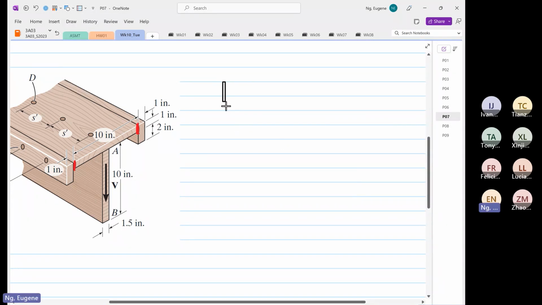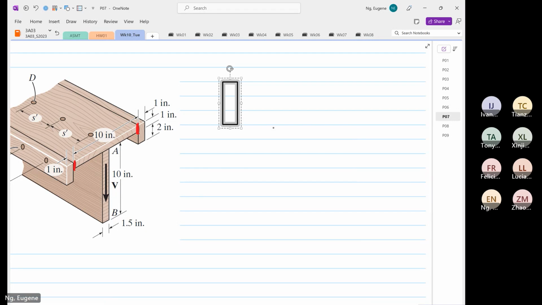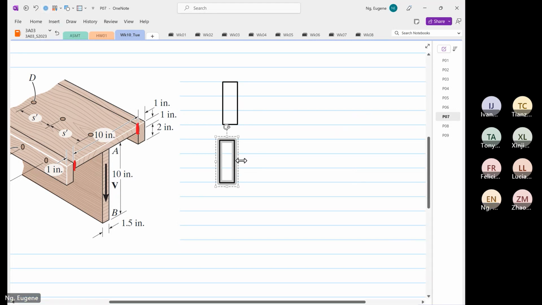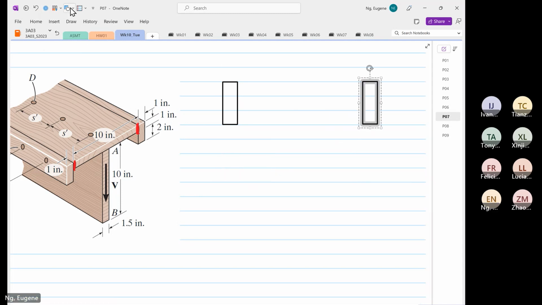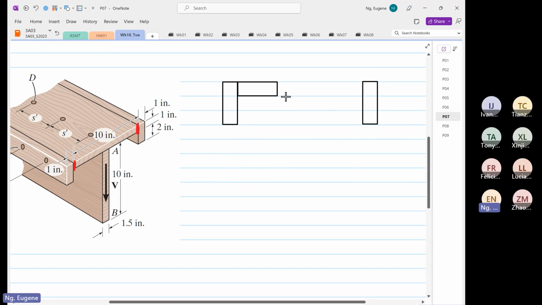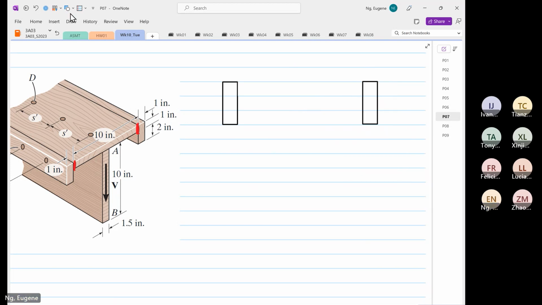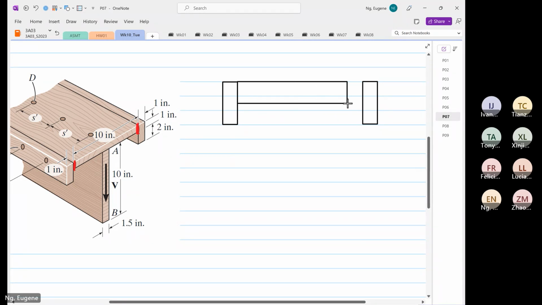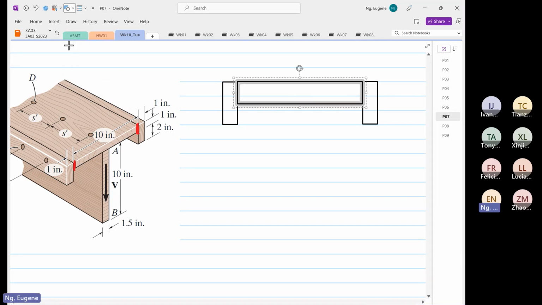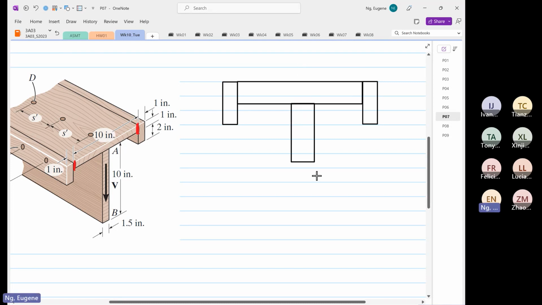You have two of these, and then you have one horizontal web over here, and then you have one vertical web over here.